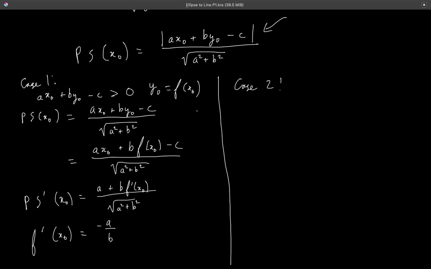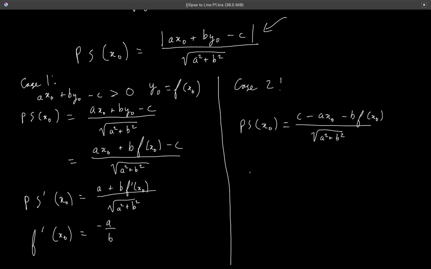It's literally just a sign flip, because in this case we have ps of x0 is equal to the negated version of this equation right here, so c minus ax0 minus b times f of x0 divided by the square root of a squared plus b squared.